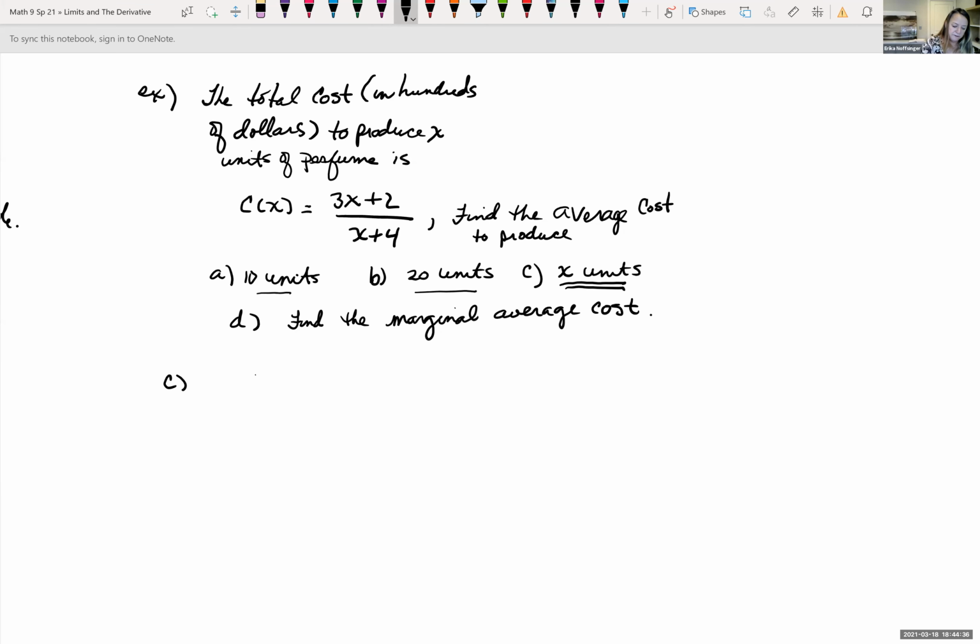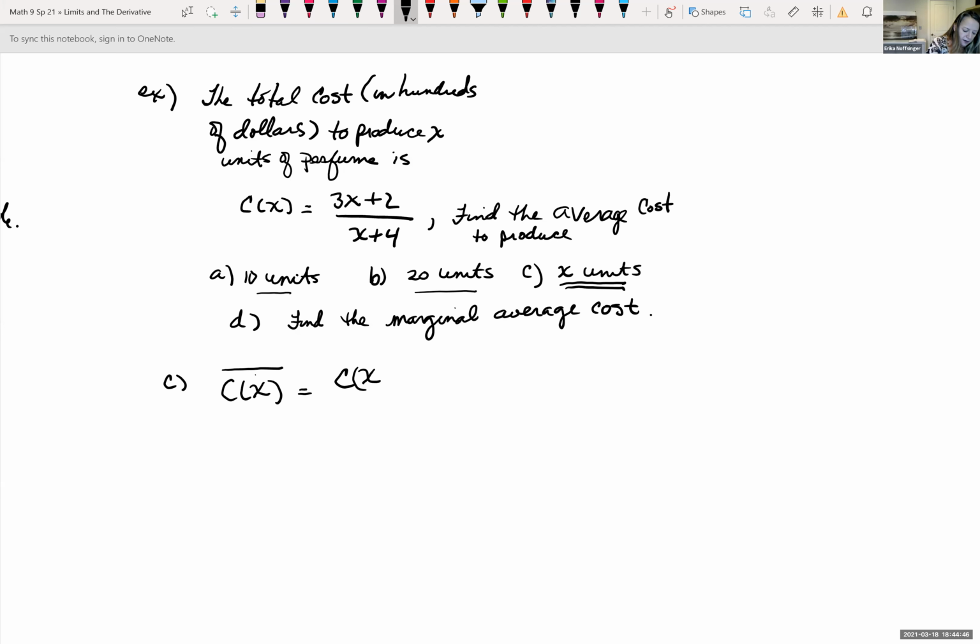So we want to find the average cost, and we just said that the average cost was denoted with the C bar, and that was your cost function divided by X. So we can do that.